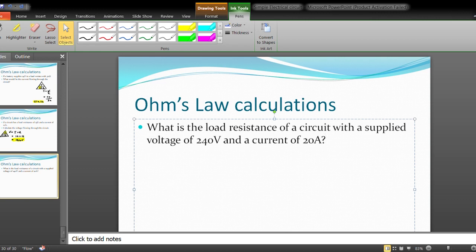So it reads, what is the load resistance of a circuit with a supplied voltage of 240 volts and a current of 20 amperes?